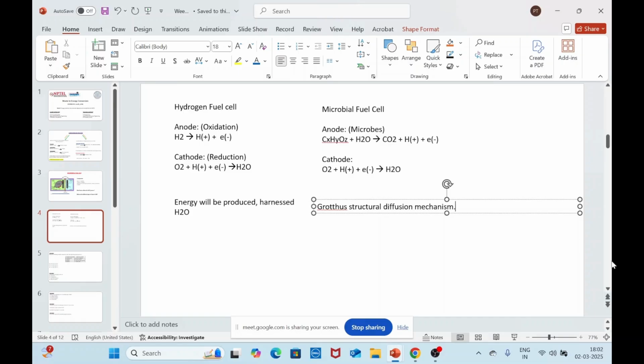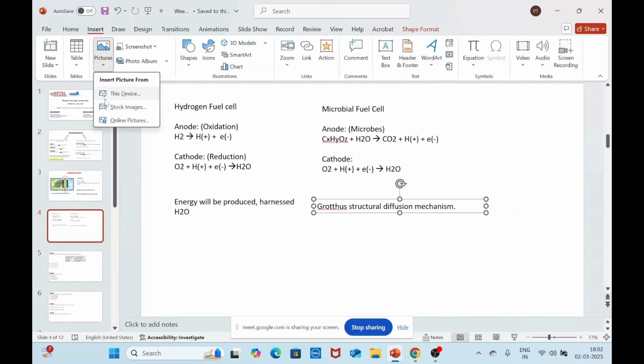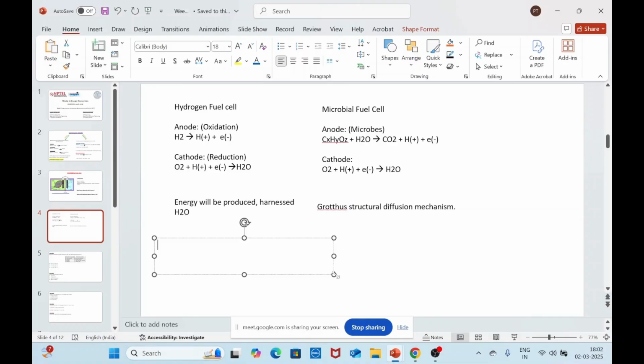Nafion is a commercial name. The chemical name for Nafion is PFSA, or perfluorosulfonic acid membrane. Perfluorosulfonic acid.